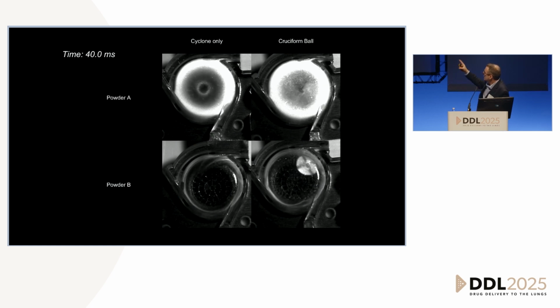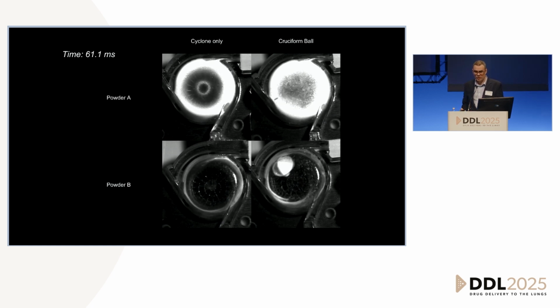But you see also the impact on the destabilization of the cyclone by the cruciform ball. And this suggests that the mechanism we've seen is actually valid for different types of formulations and can be extended to denser formulations. And we've actually also investigated lighter formulations with a lower density.